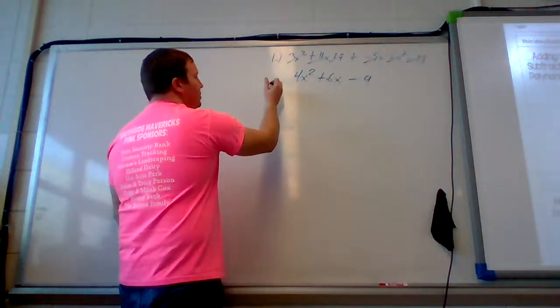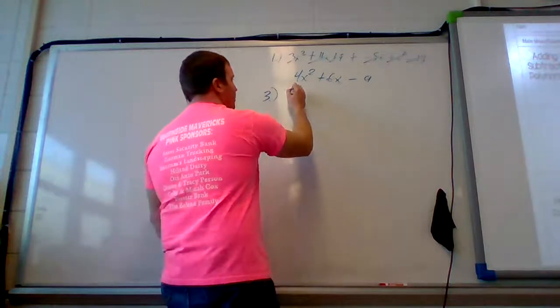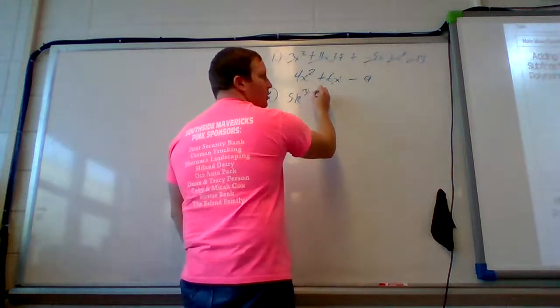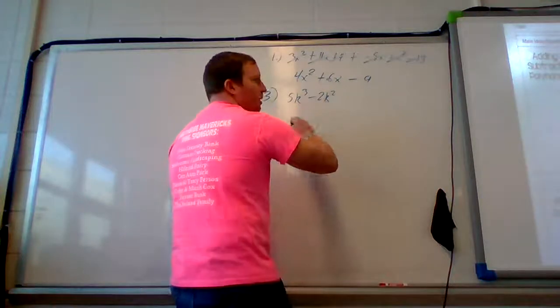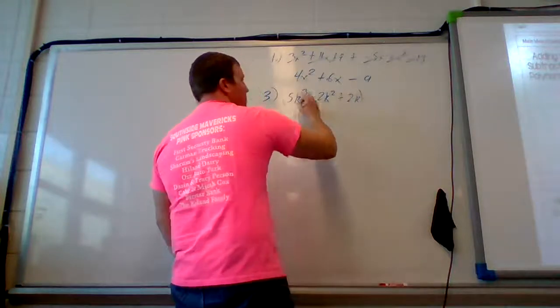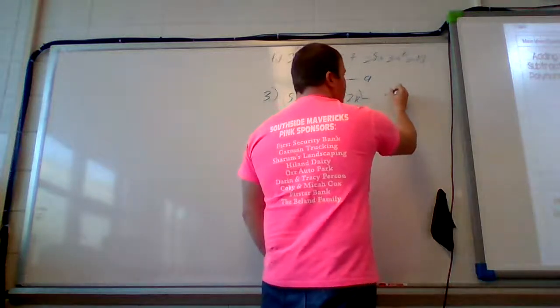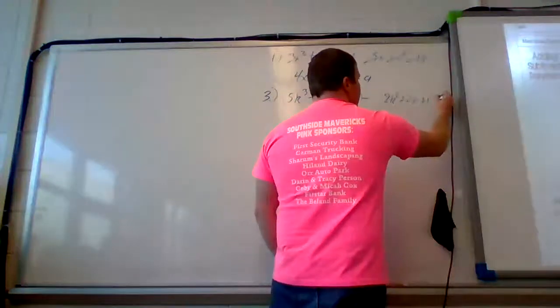When we do subtraction, if we look at number 3, we've got 5k cubed minus 2k squared plus 2k minus 2k squared plus 2k plus 7.